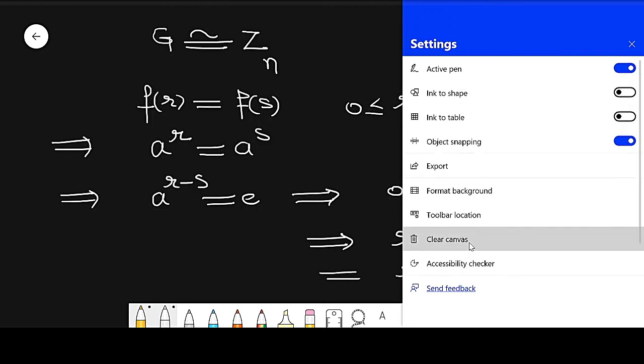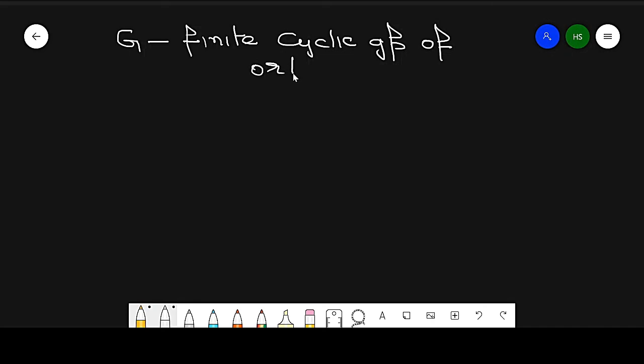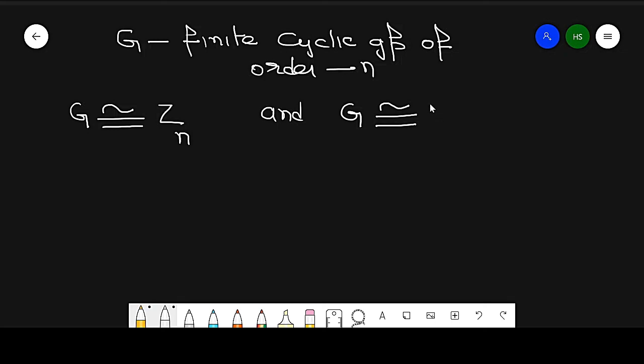Now from this we also conclude that if G is a finite cyclic group of order n, then we prove that G is isomorphic to Zn, and also that G is isomorphic to Z by the subgroup generated by n.